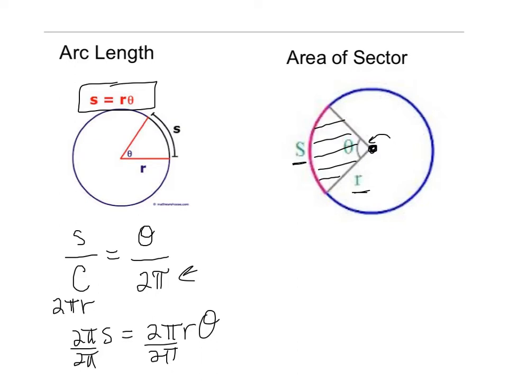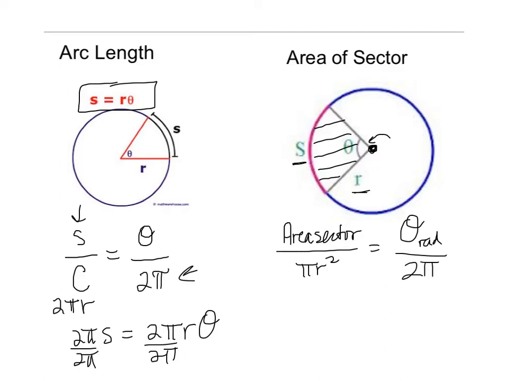The area of a sector doesn't have a special letter like the arc length does, which is s, but it's over pi r squared equals the central angle there in radians, over all the way around, which is 2 pi.